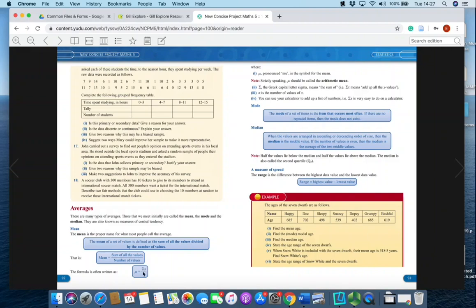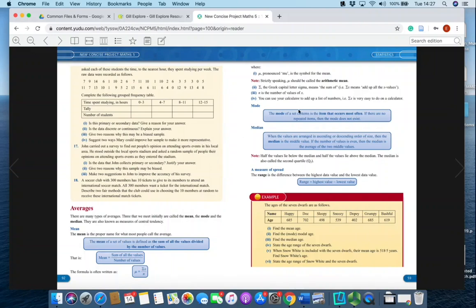So it's the sum of all the values x divided by n, where n is the number of values. So mu is sigma x over n. And you will find that in your log tables on page 33 at the very top. So mean, very important measure of centre.